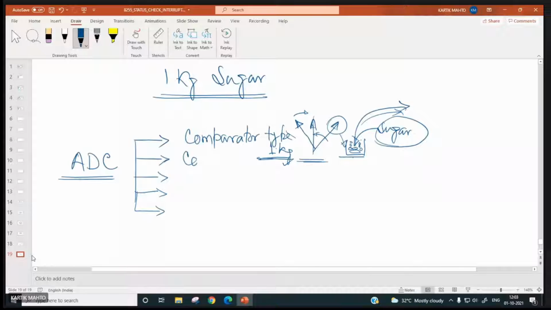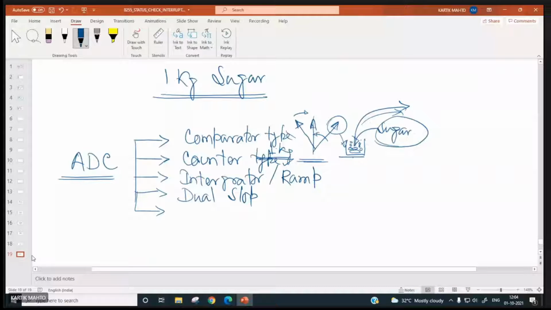Have you heard of this name? Integrator type or ramp type? And op-amp integrator we have heard. No, I am telling you the circuit for ADC. And finally, there is a circuit called SAR.